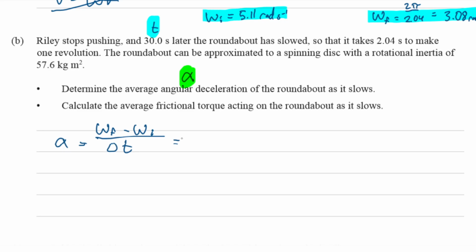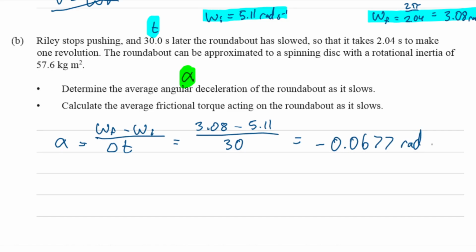And so substituting in what we know, final angular velocity, 3.08, take away initial, 5.11, all divided by 30 seconds, which gives negative 0.0677, and then units, what's angular acceleration?